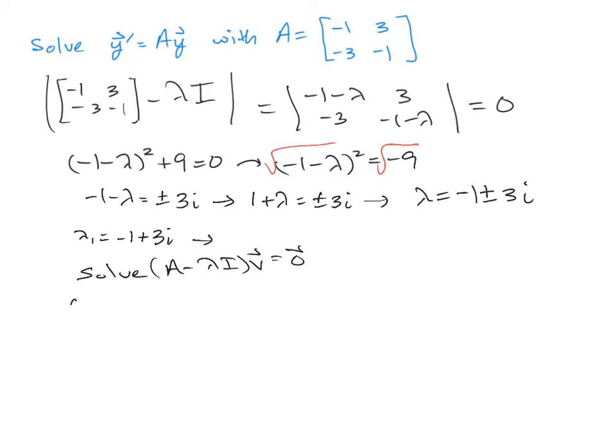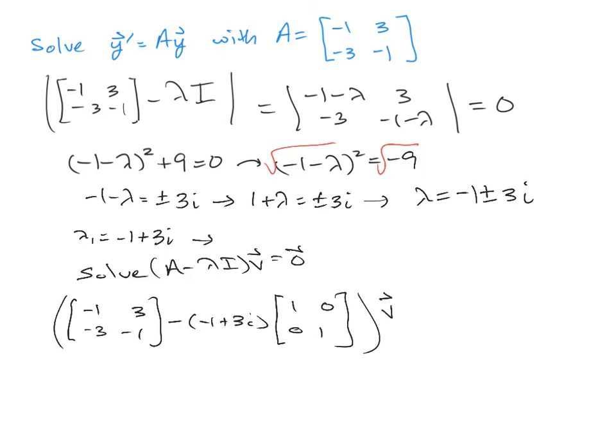In this case, it's going to be our matrix negative 1, 3, negative 3, negative 1, minus the eigenvalue negative 1 plus 3i times the identity matrix. And again, we're taking this times unknown v equal to 0.